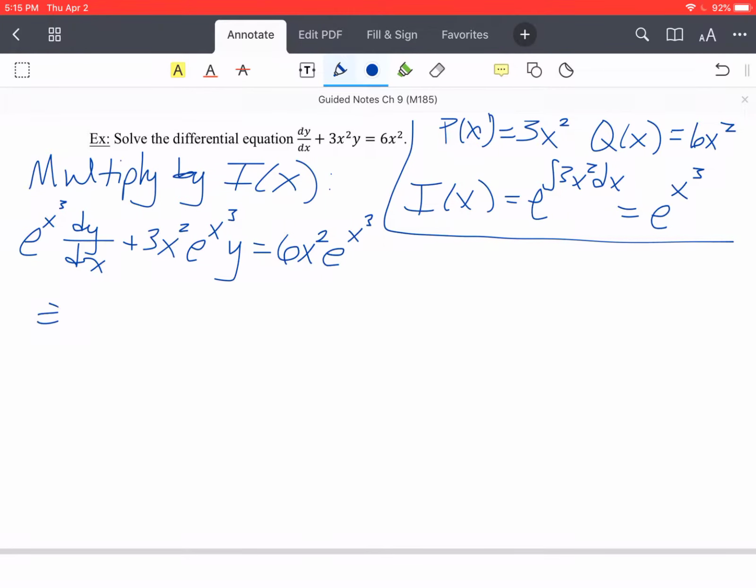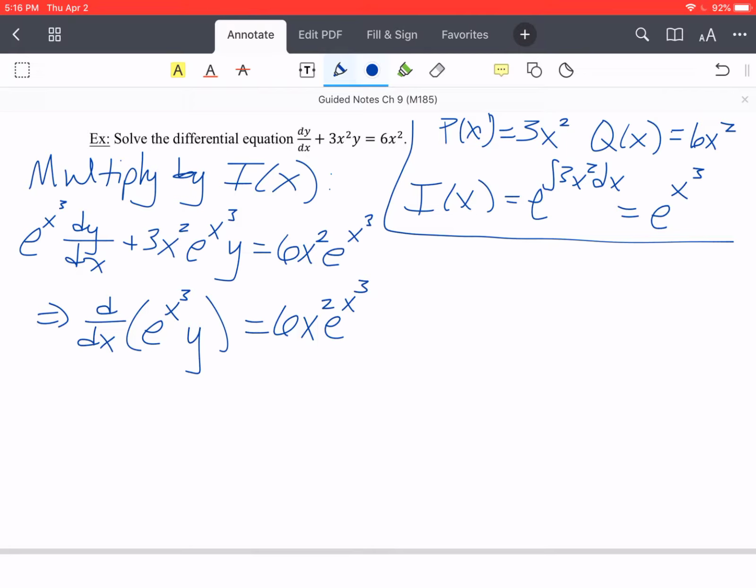Now the left-hand side, the reason we're multiplying by I is because we can specifically write this as the derivative of I times y. So the derivative of e to the x cubed times y, and that equals 6x squared times e to the x cubed.